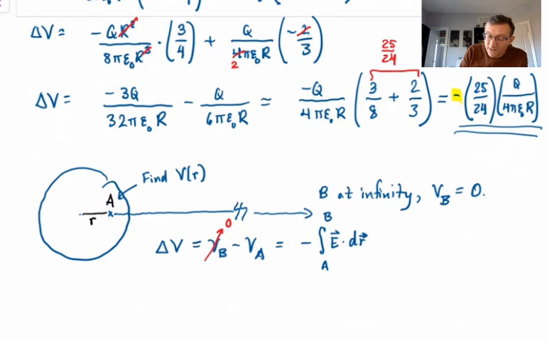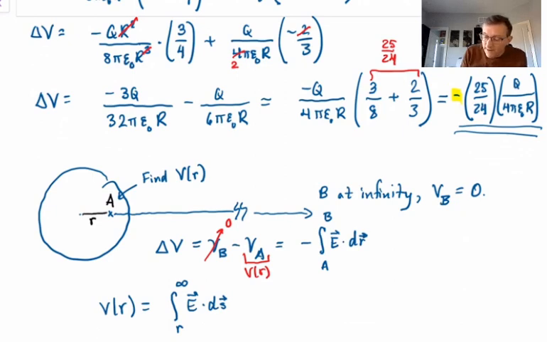And then those two negative signs on each side cancel. And I'll replace the expression V at A with V of r. So what I have left is V of r equals the integral, with the lower limit now being the radial distance of point A, and the upper limit being at a radial distance of infinity, E dot ds.